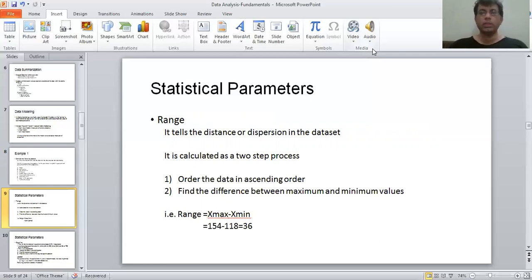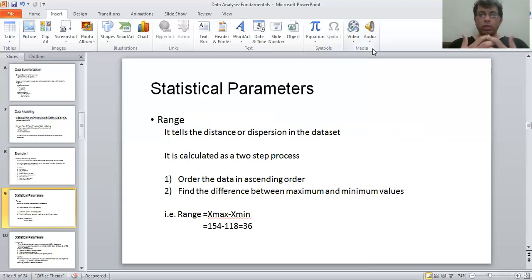In mathematics, the basic method to find the distance is finding the difference between the maximum value and the minimum value. Finding the difference between two values always gives us the range or the distance between them.